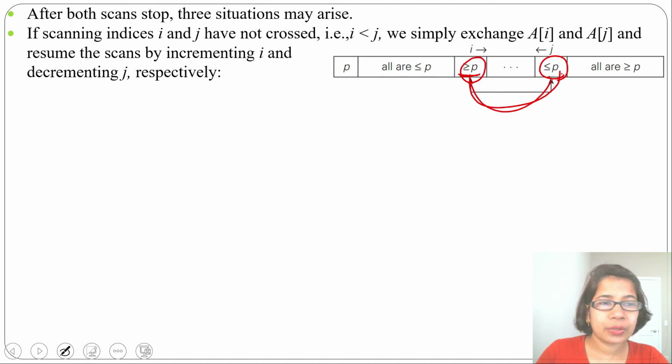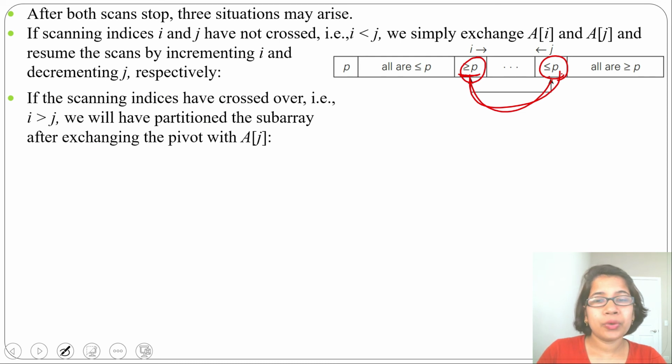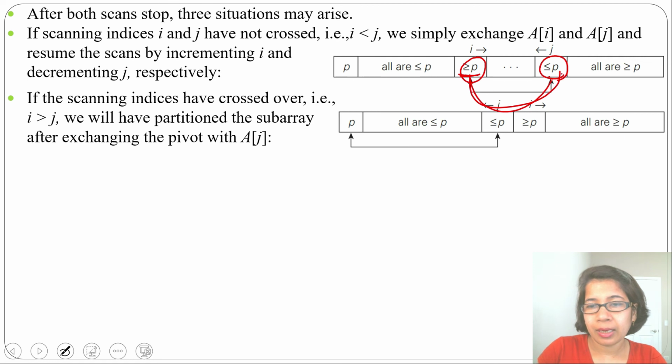This is the first situation. Second situation: if they cross over, meaning I crosses j, we simply exchange the pivot with A of j like this. Here you can mark that I crosses j, so you can swap this P with A of j.